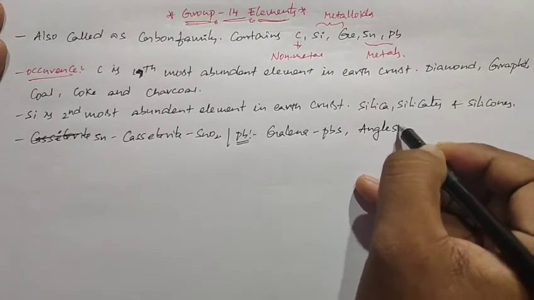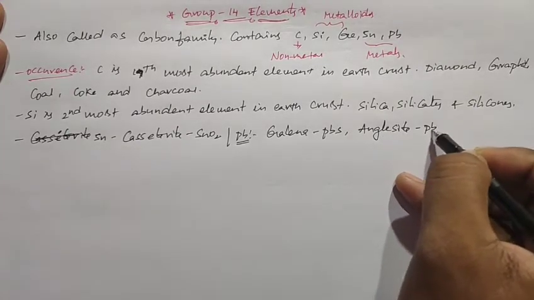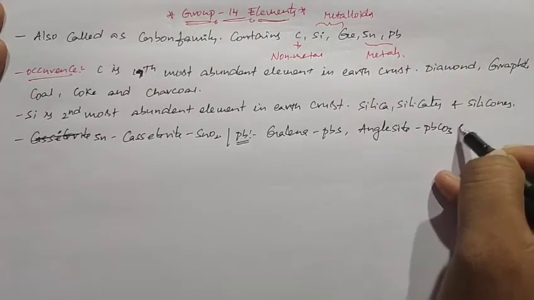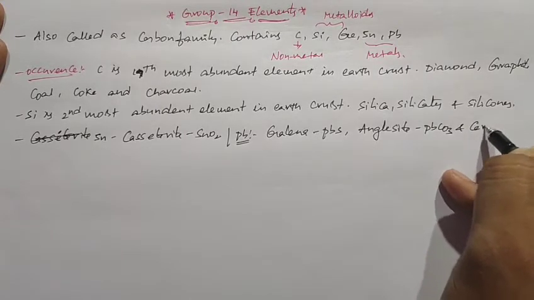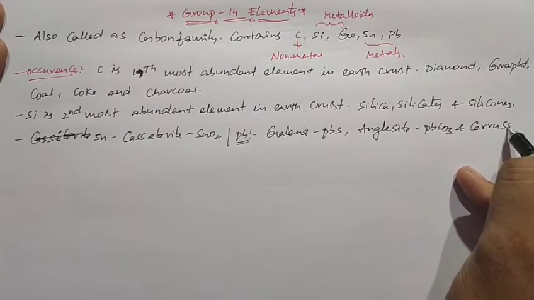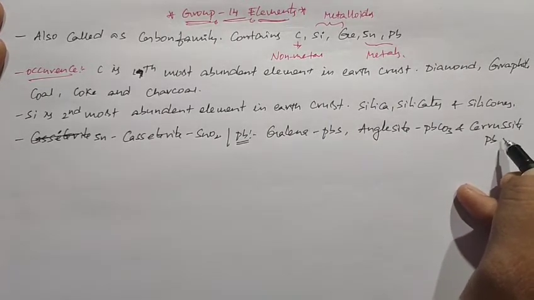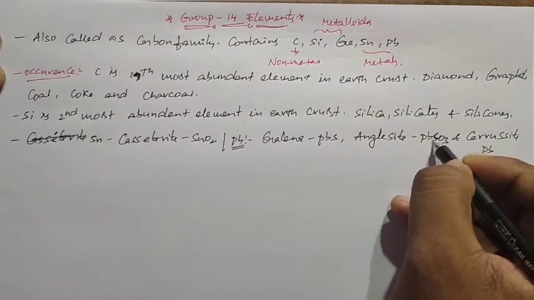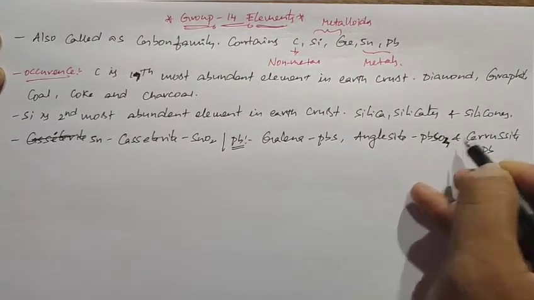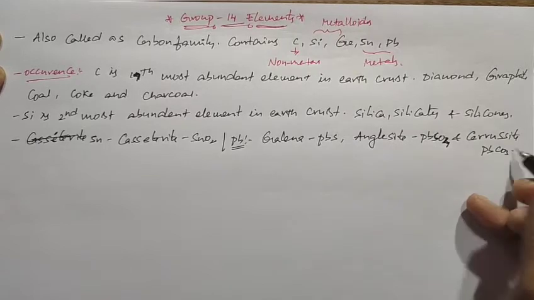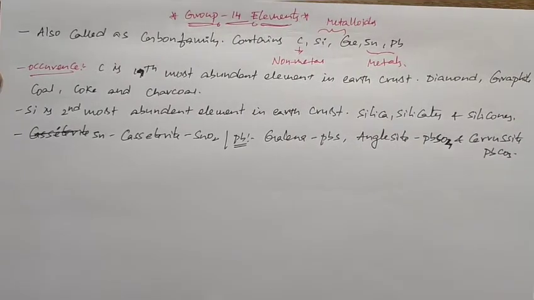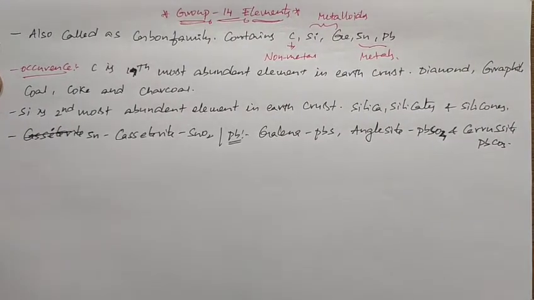Other forms are anglesite, with chemical formula PbSO4, and cerussite, with chemical formula PbCO3. So these are the occurrences of group 14 elements.